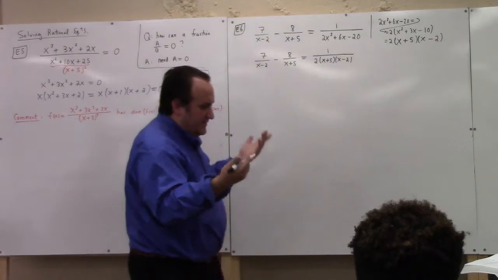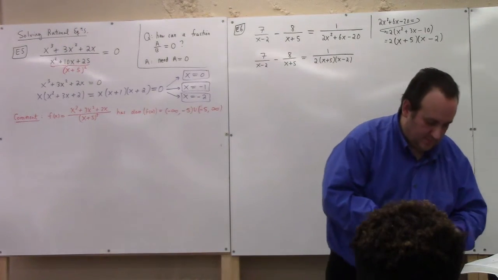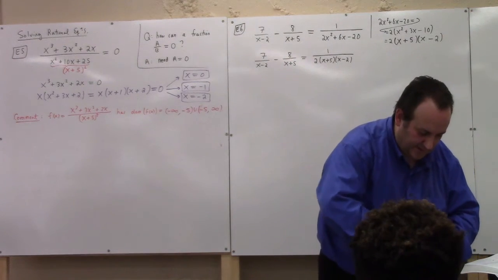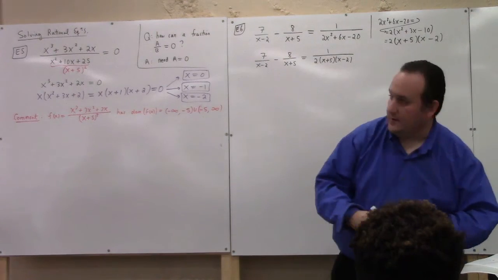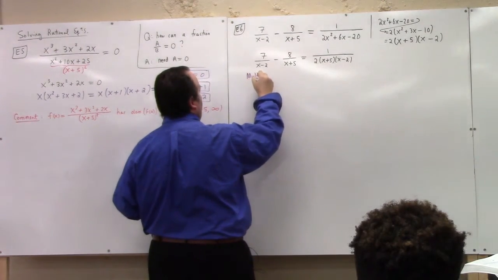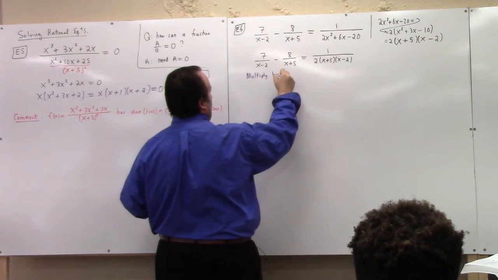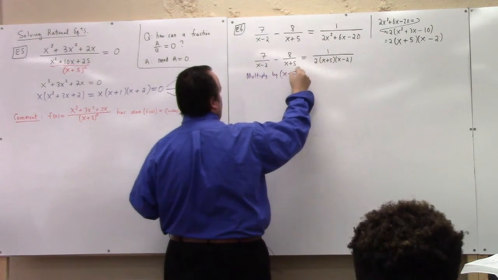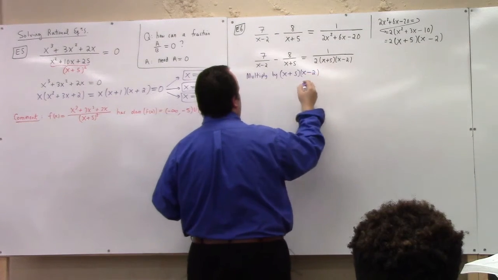So if I multiply the equation by the common denominator, I'll multiply by x plus 5 times x minus 2, and I'm just going to write it out.